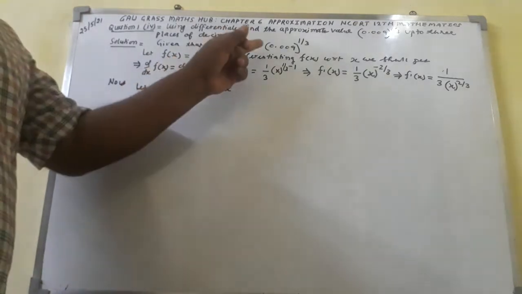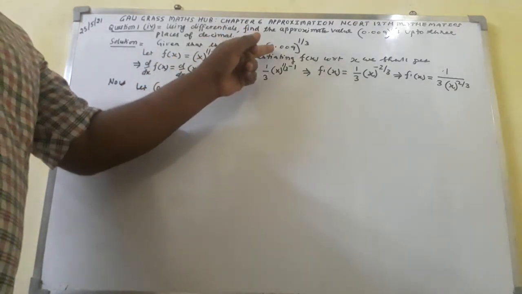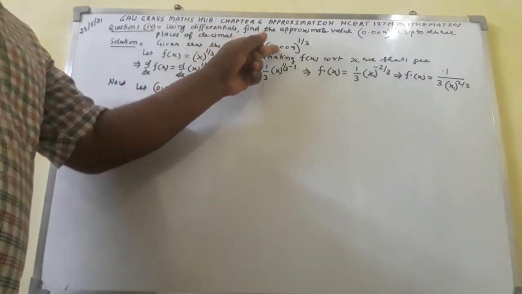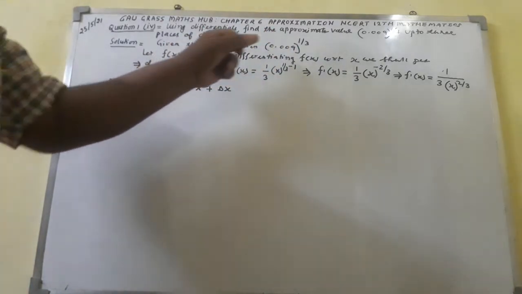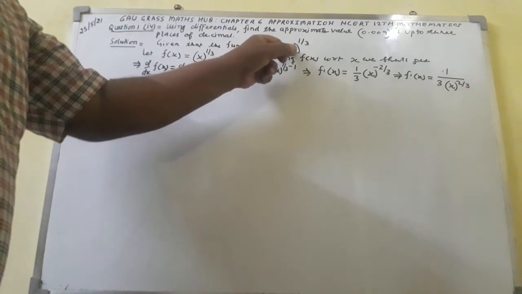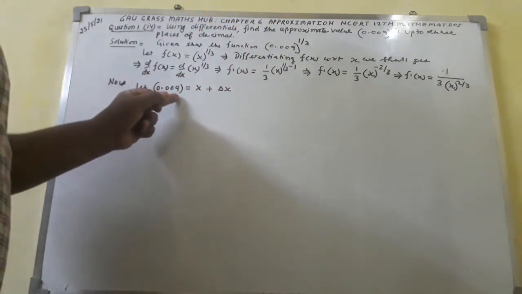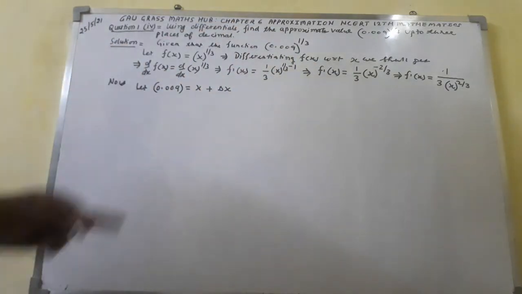Remember this one. Here the given value 0.009 will be reflected here the same. The given value 0.009 I have reflected.